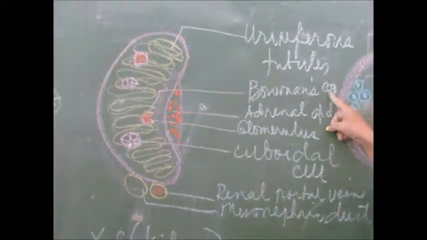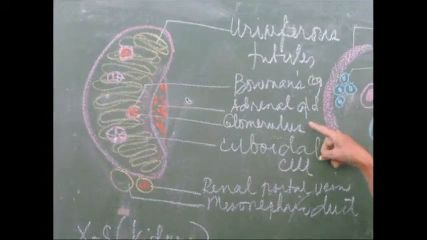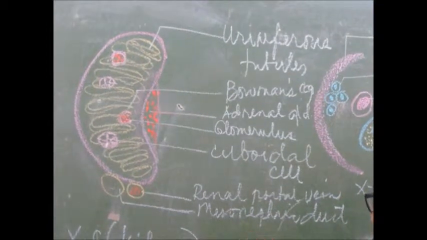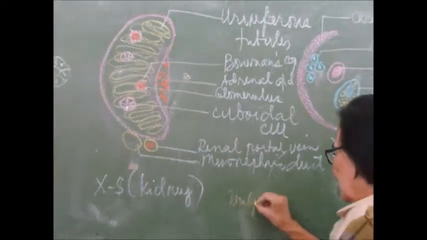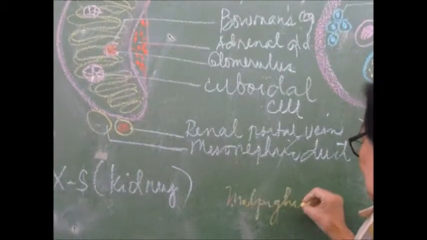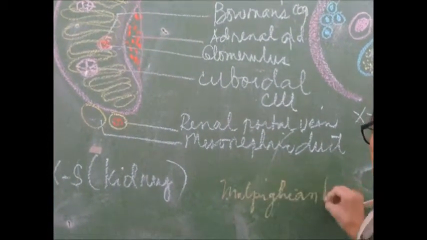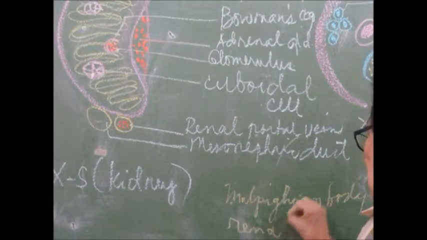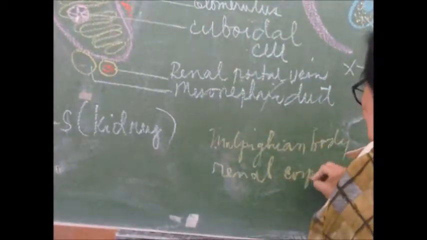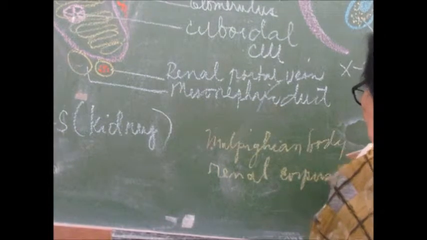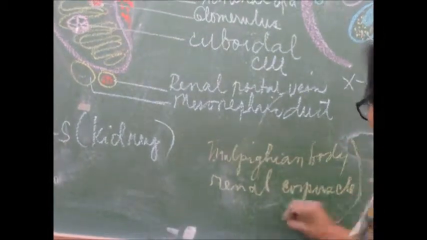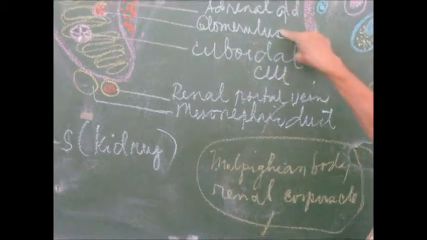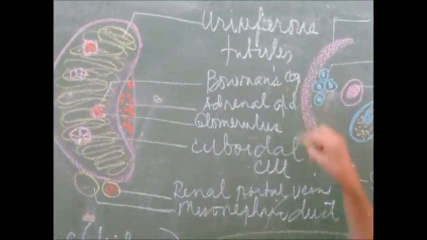The Bowman's capsule plus glomerulus, that's the functional part of the kidney, and we call it the Malpighian body, or the renal corpuscle. So, a Malpighian body or a renal corpuscle is composed of the glomerulus and the Bowman's capsule.